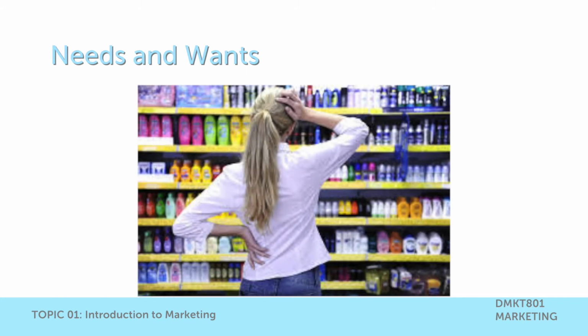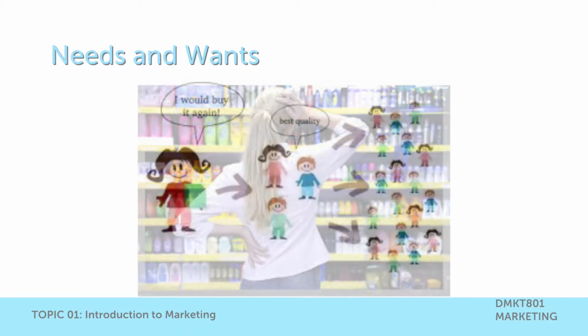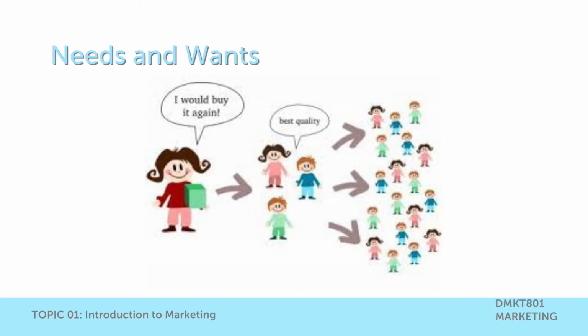Consumers usually face a broad array of products and services that might satisfy a given need. How do they choose among these many market offerings? Customers form expectations about the value and satisfaction that various market offerings will deliver and buy accordingly. Satisfied customers buy again and tell others about their positive experiences.